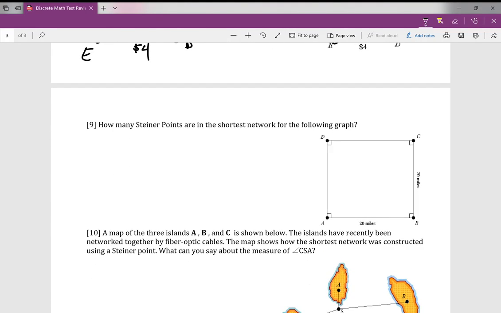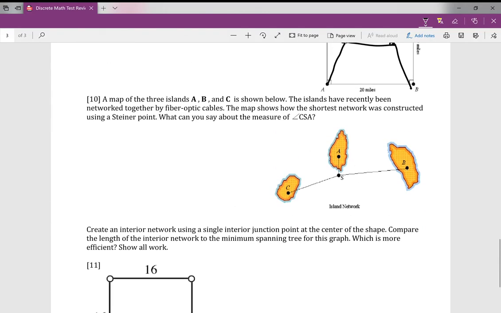How many Steiner points are in the shortest network for the following graph? We said that rectangles or squares would have 2 Steiner points. And number 10, a map with 3 islands is shown. And it says it's connected by a Steiner point.